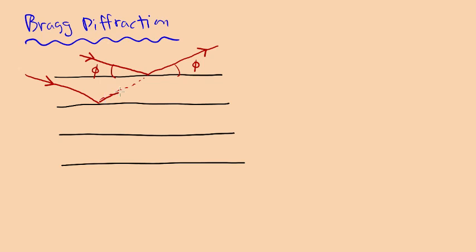Okay, so then in the second layer, you get this. So now the question is, what is the path length difference here?